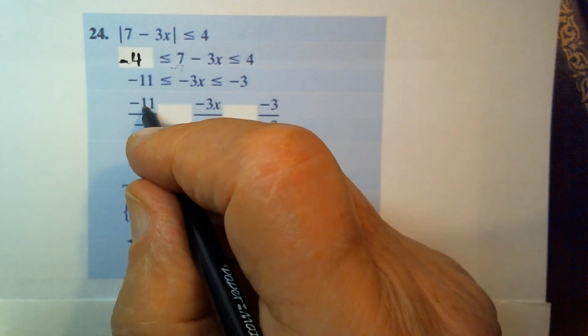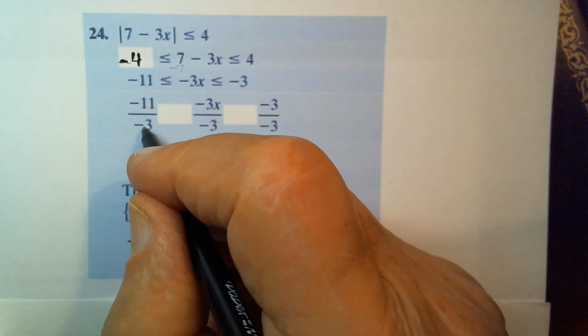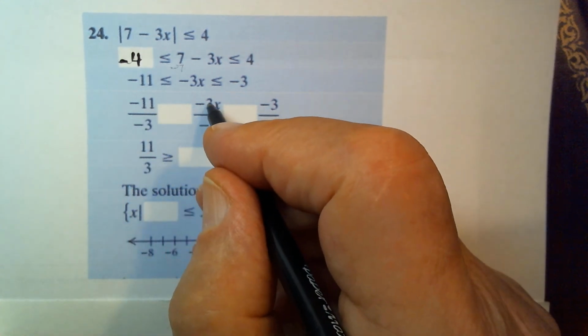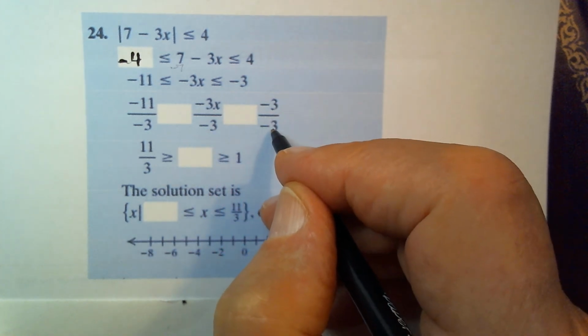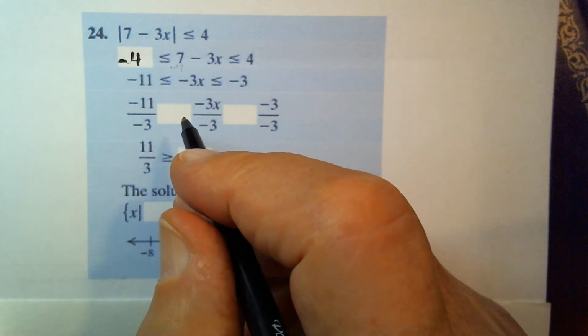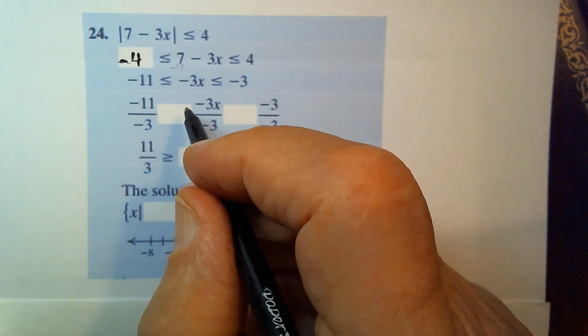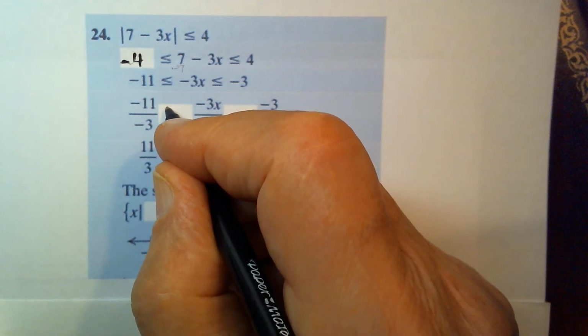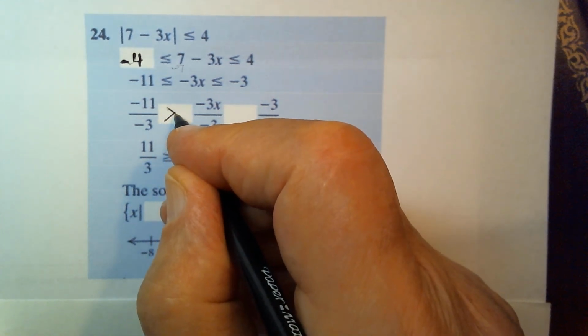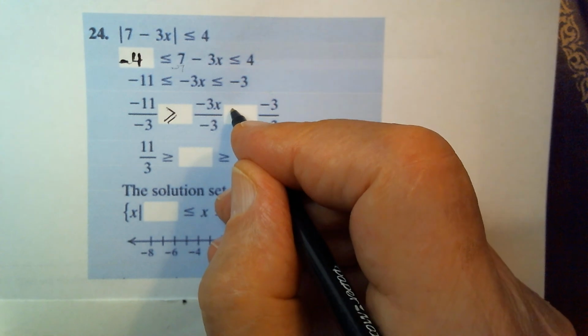So we get minus 11 divided by minus 3, and minus 3x divided by minus 3, and minus 3 divided by minus 3. But since we are dividing an inequality by a negative number, we need to turn the inequality symbols the other way.